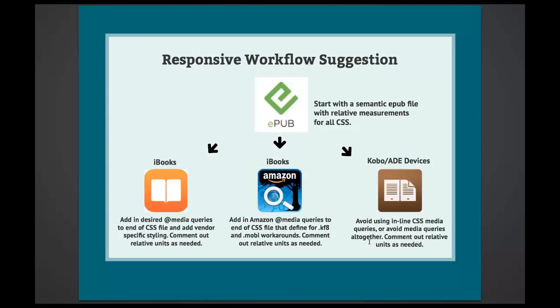I'm not sure how everyone else's workflow works, but I start with my EPUB, and then I develop the iBooks edition, and then I'll add media queries at the end of the CSS sheet with inline media rule. Same with Amazon. And then for Kobo, I will remove those, or not include them to begin with.